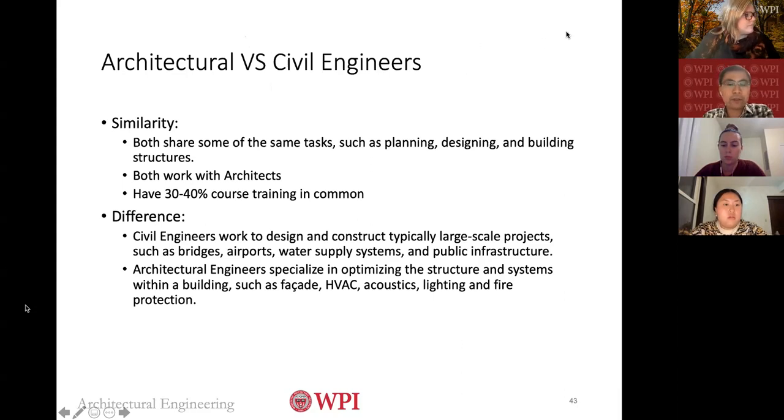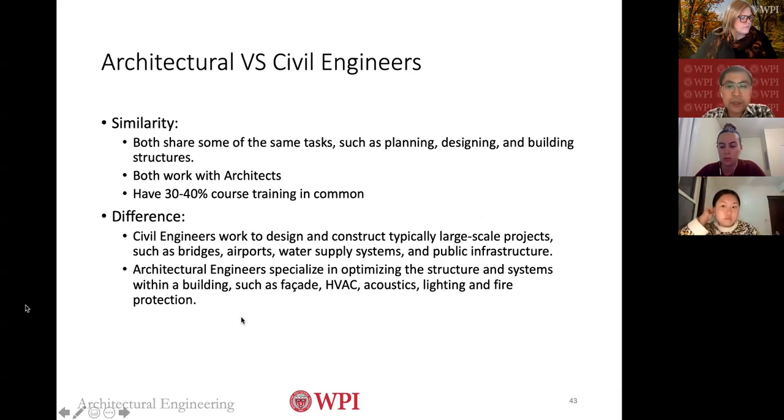So the major difference is the application domain. Civil engineers usually design and construct typically large-scale projects like bridges, airports, water supply systems, maybe a dam, and public infrastructure, roads. We have pavement engineering, and that is a part of civil engineering.